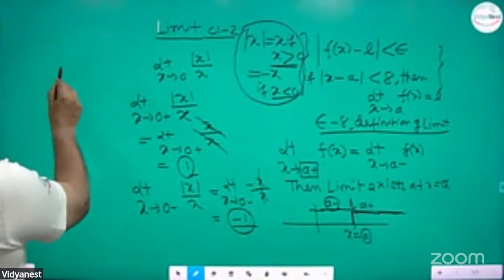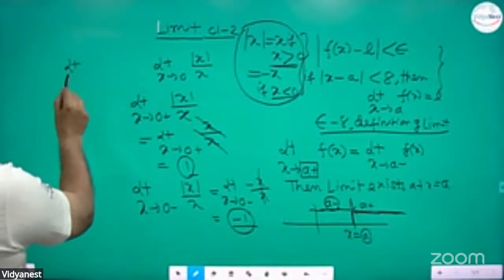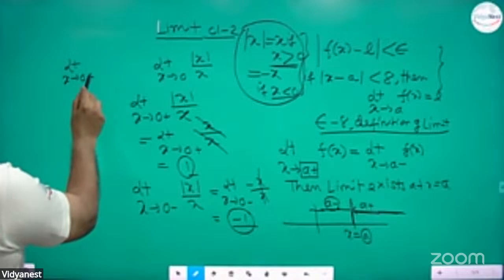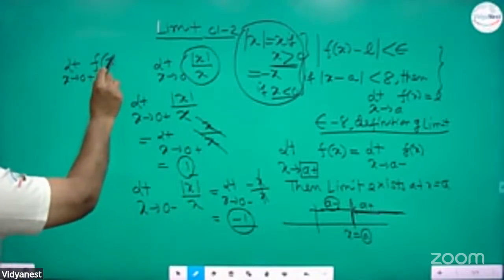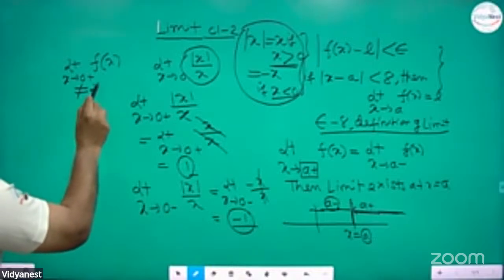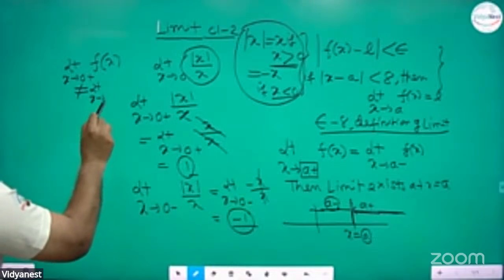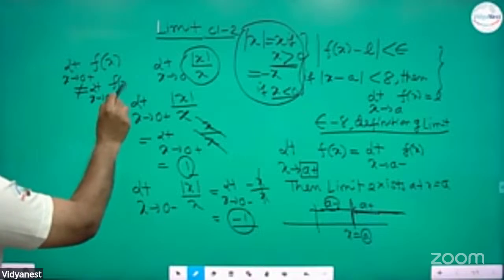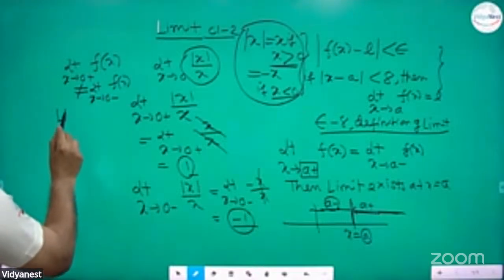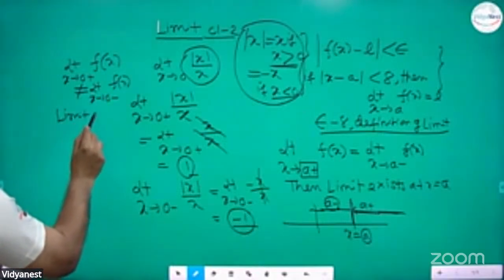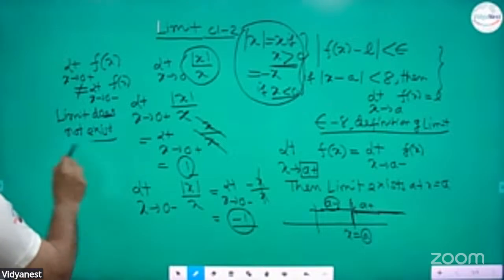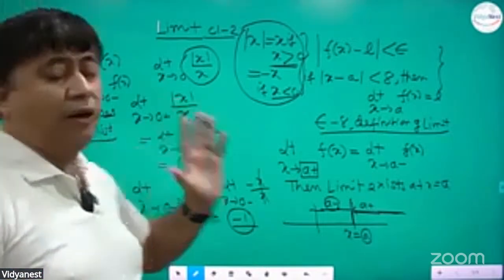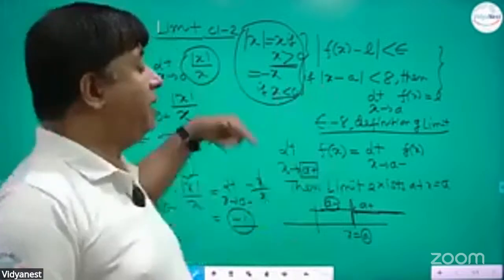So you can conclude that limit x tends to 0 plus f(x) is not equal to limit x tends to 0 minus f(x). So you write limit does not exist.